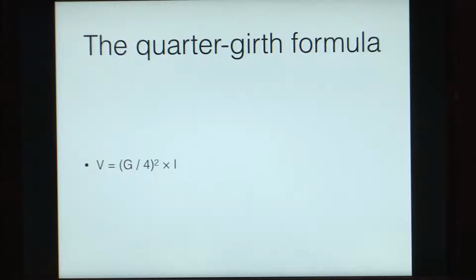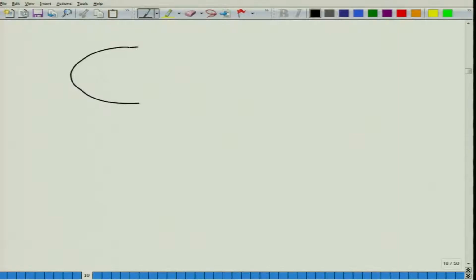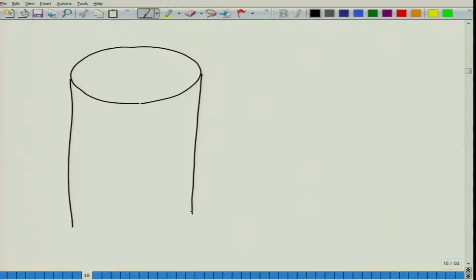So, for instance, let us consider our log to be a cylinder. In this case the girth will be given by the circumference of one of its ends, which is 2 pi r.